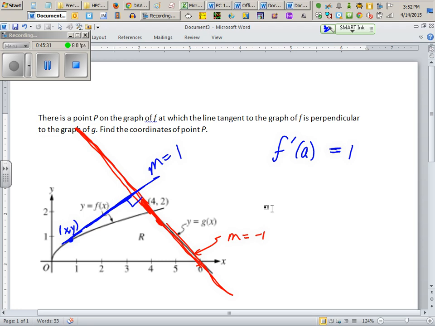What is the derivative of root x? Yeah, f prime is 1 over 2 root x. So we're seeking some point a, some value of a that makes this statement true. And I believe the answer is 1/4.